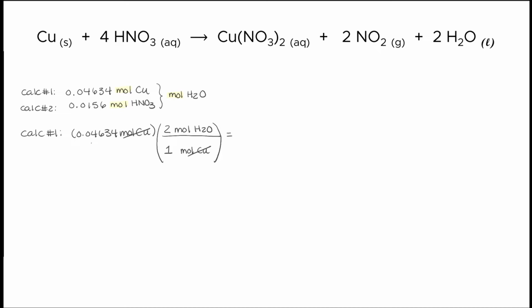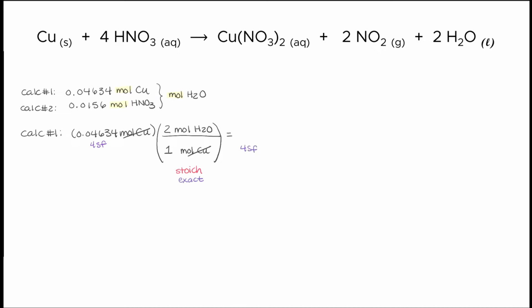So our original value has 4 sig figs. Our stoich step is always exact. Those values are always exact. So our final calculation will have 4 sig figs.